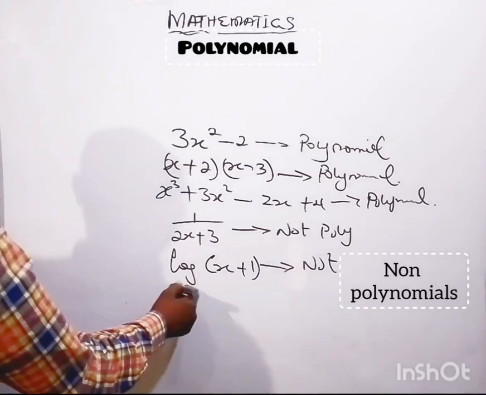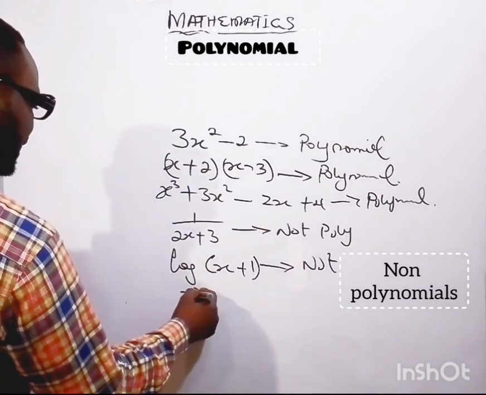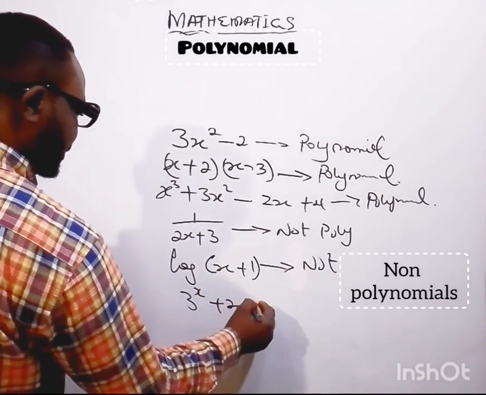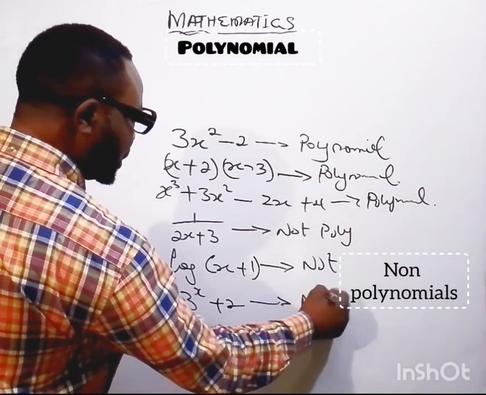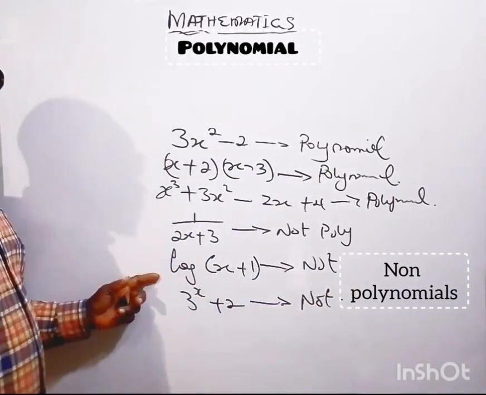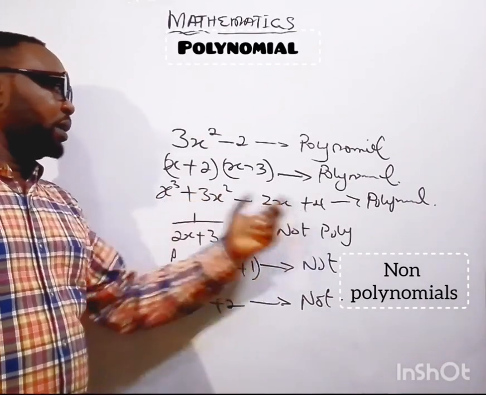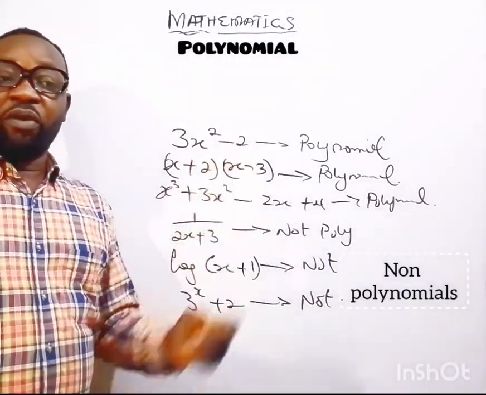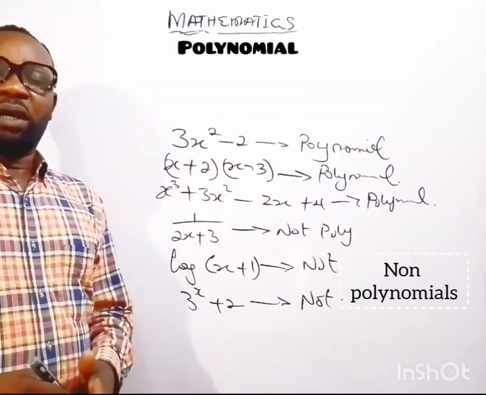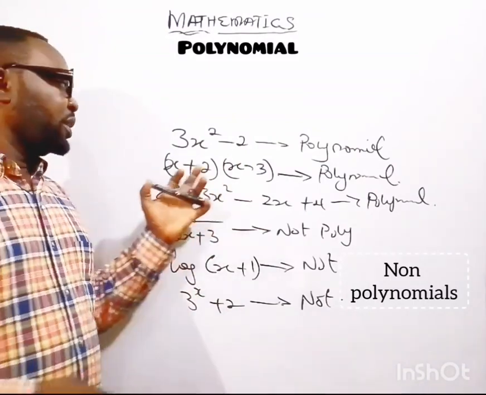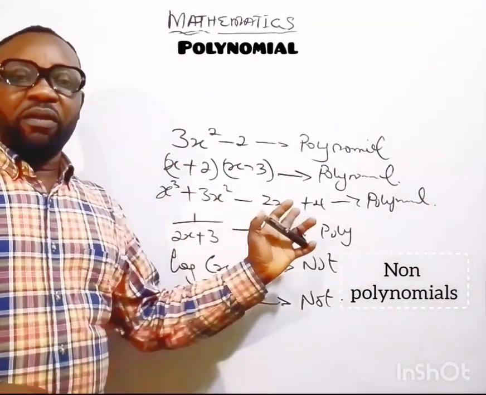If you have a term that gives you 3 raised to the power x plus 2, this is also not a polynomial. Those terms, you can see they are added to one another here. They are added or separated from one another. We call it addition of different terms that have positive powers.